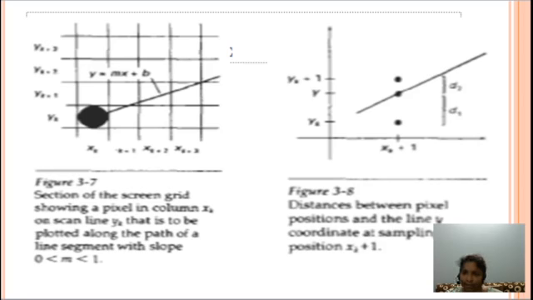From this diagram, you can understand that whichever point is closer to the line path has to be selected. In this figure you see the distance between y and yk plus 1 is smaller than between y and yk. So which point do we have to take? We have to take yk plus 1 because yk plus 1 is closer to the line path.